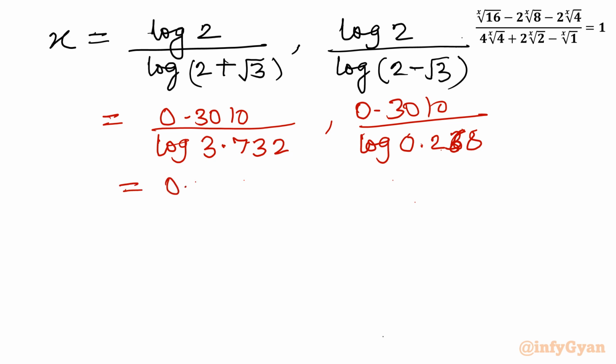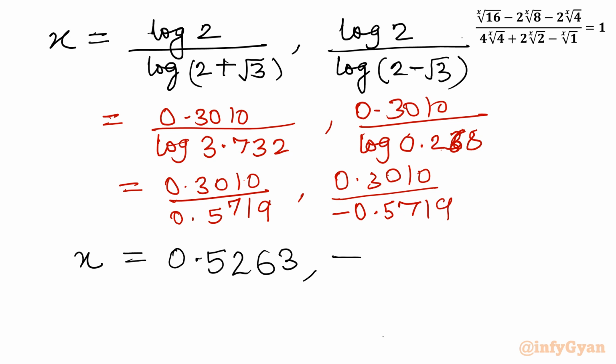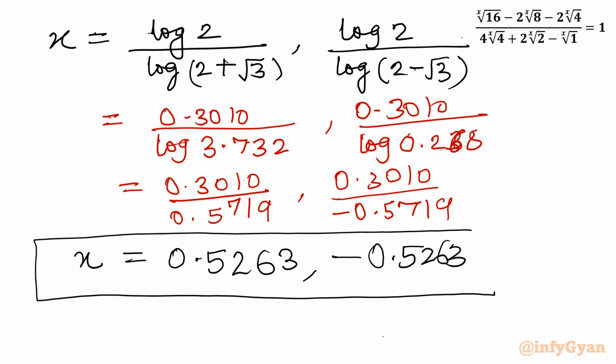So it will be 0.3010, and log 3.732 is 0.5719, and here also I will write the numerator as it is, and the denominator value would be the same value with negative sign, 0.5719. So I can conclude my result from here. x will come out 0.5263 with plus sign and minus 0.5263. This is the final result which we will get from the given exponential equation.